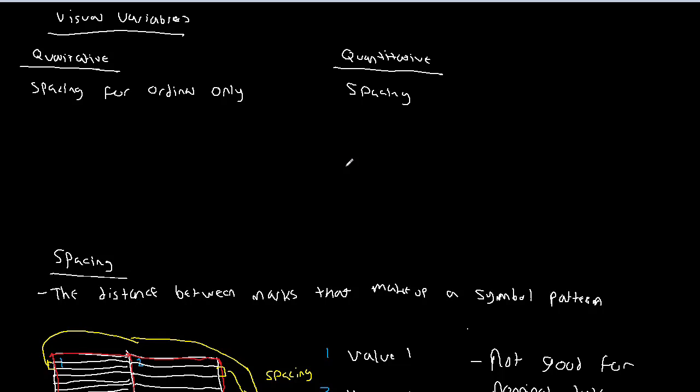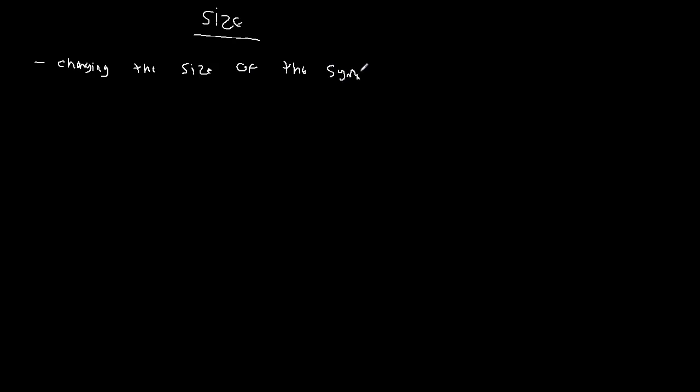And in this lecture video I want to continue our discussion on visual variables by talking about the idea of size. So let's give ourselves a little bit of space here and let's start talking about size. So size is, in my opinion, one of the most straightforward visual variables. And basically what we're doing is we're changing the size of the symbol in relation to the data.